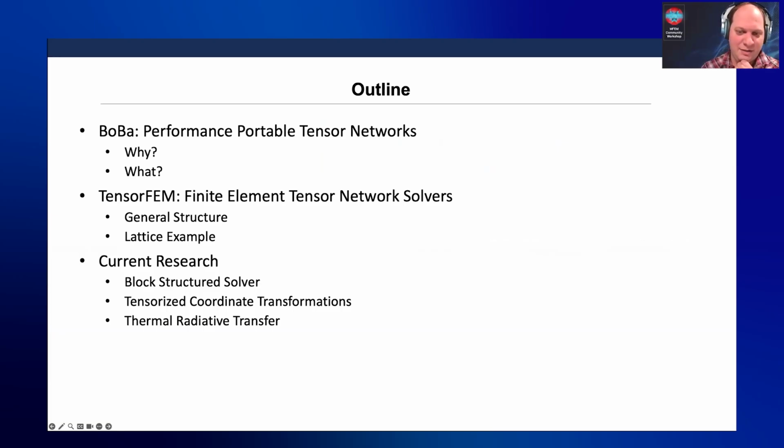This will probably be quick and pretty high level, but what I'll be talking about today is briefly going over some work I've been doing over the past few years on tensor networks and creating performance portable tensor networks.